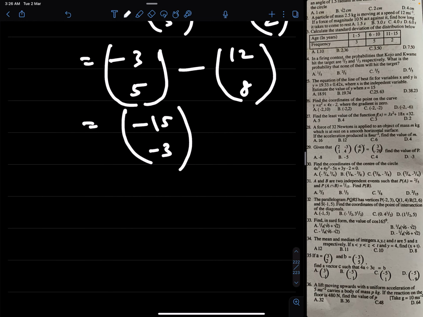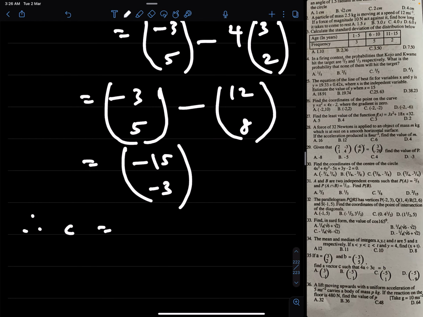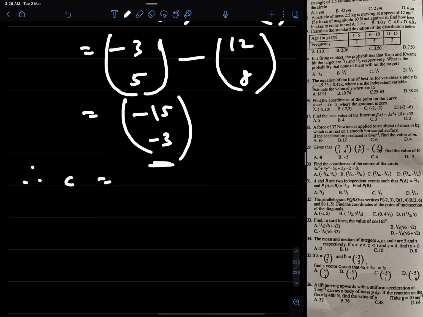So the vector C is going to be this column vector minus 15 minus 3 divided by 3, and that's going to be minus 5 minus 1. And that's it. The answer is B simply.